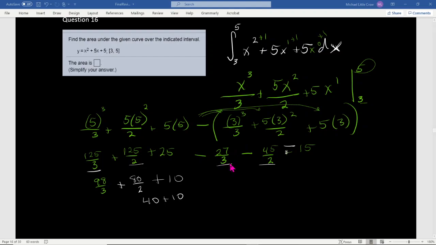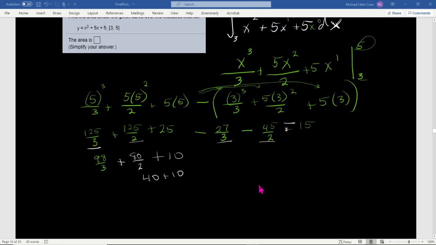This is an integer. That's just going to be 9. We'll call it good. So we have 40 and 10 is 50, sorry.